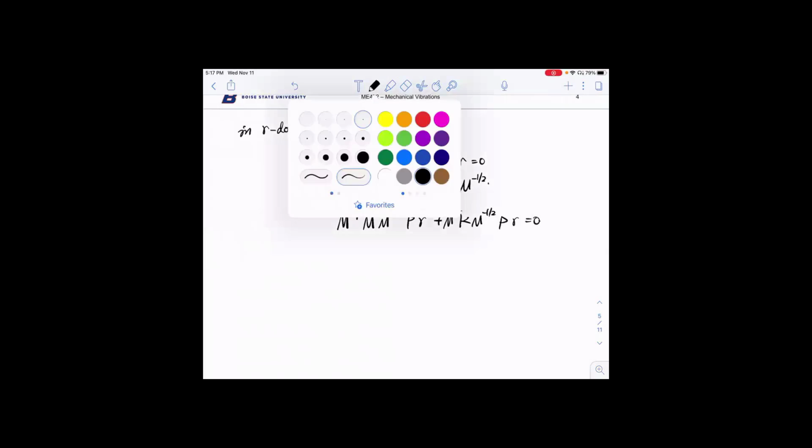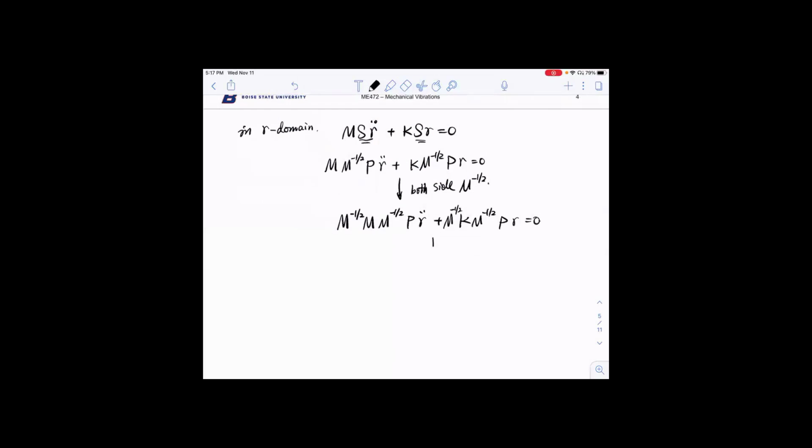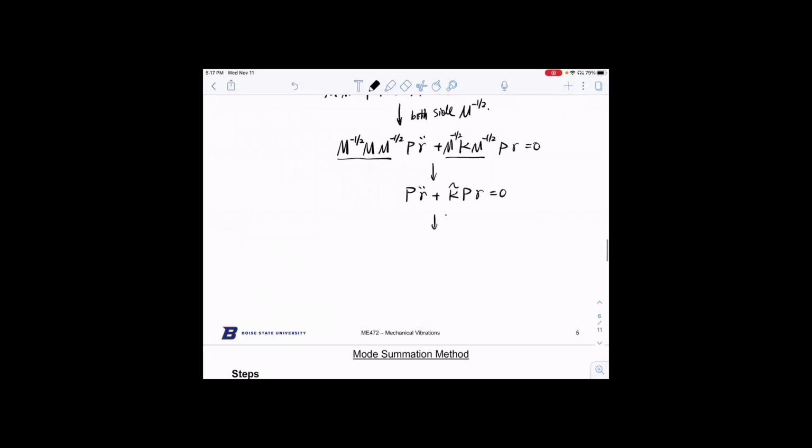All right, so then let's recall a few definitions. So first of all, this is our K tilde. This becomes identity. So you have P R double dot plus K tilde P R equal to 0. And then you multiply both sides by P invert or P transpose, because P invert and P transpose, they're the same.